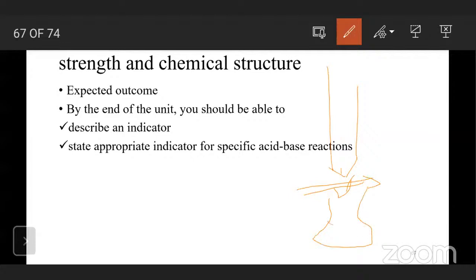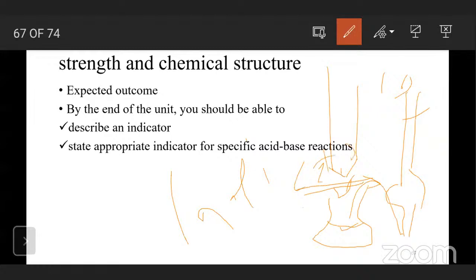You put your base there. Maybe you pipetted either 10 ml or 25 ml of your base into this conical flask. Then you added some drops of a particular substance. That reagent is called an indicator.